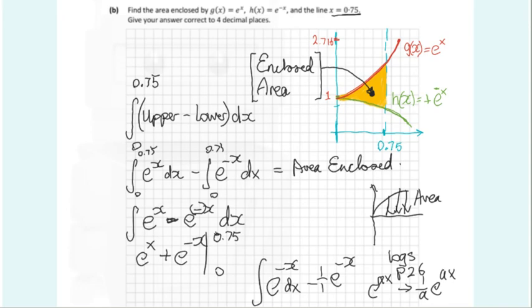Put everything into your calculator and we will get a result of 0.5894 units squared. Okay, and that's our area enclosed.